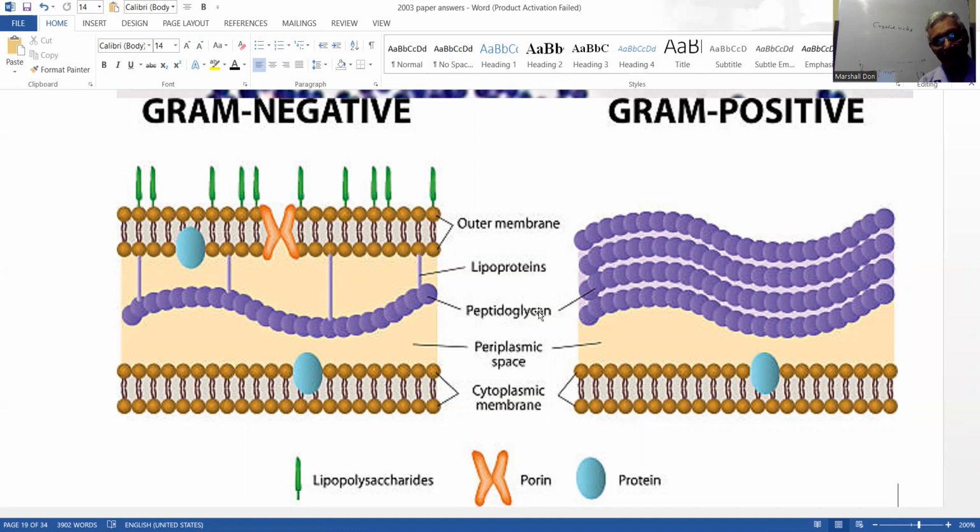So in gram negative bacilli, this peptidoglycan layer is very thin. So when you put something like alcohol, it goes away. In gram positive bacteria, it is a thick layer and it will not go away when you apply alcohol.